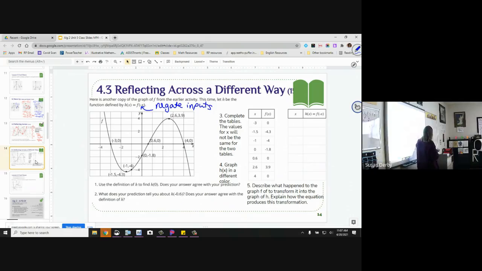So instead of negative 3, 0, we're going to have a positive 3, 0. The x changes its sign. So instead of negative 3, 0 here, we're going to have positive 3, 0 here.